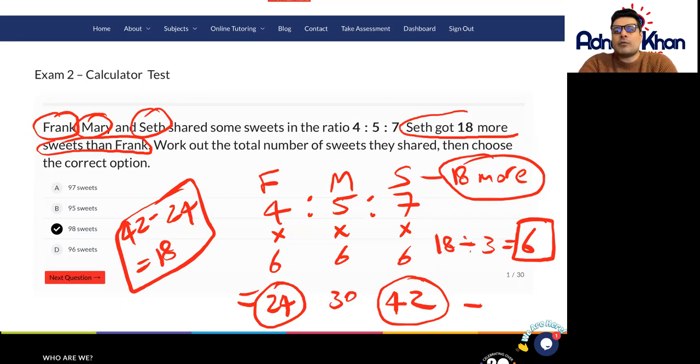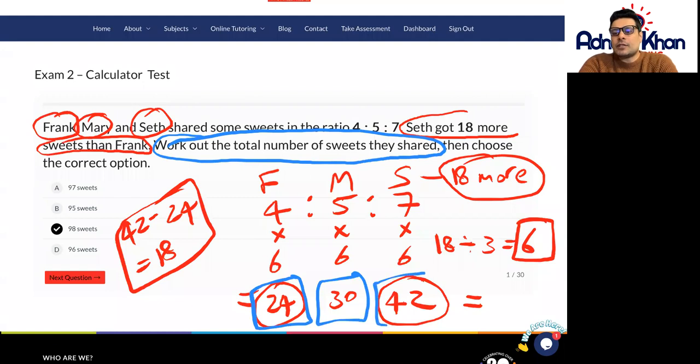Now, to answer this overall question, you have to work out the total number of sweets that they shared all together. So what you're going to do is, you're going to do 24, add 30, add 42, and that will give you 96 sweets altogether here. And that's going to be our answer for this particular question.